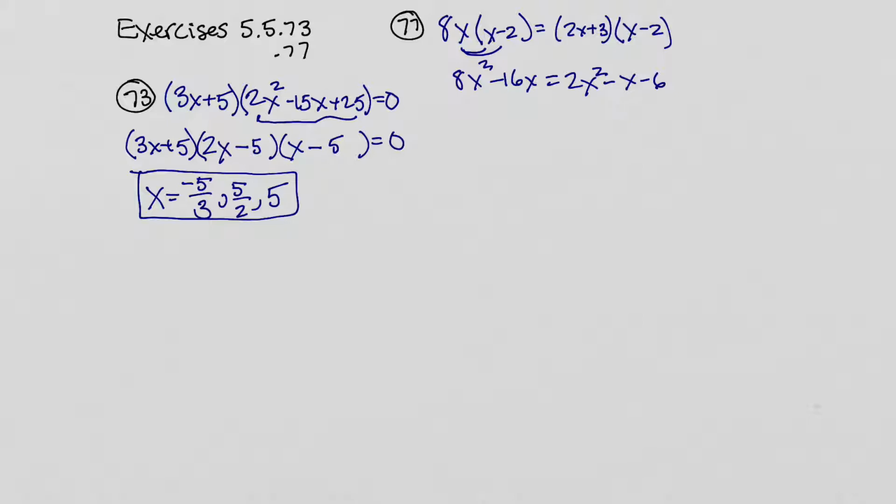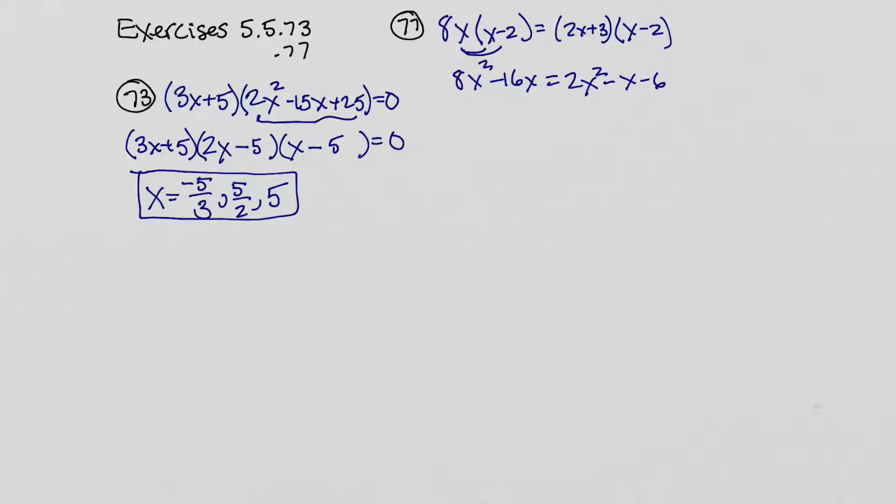Now let's get all the terms on one side, 0 on the other, and I think I'm going to choose to get all the terms on the left side. I've got 8x squareds over here, only 2 over here. So I've got more over here than I do over here. So let's get them all on the left side. That'll keep the x squareds positive. So we'll do that by subtracting 2x squared.